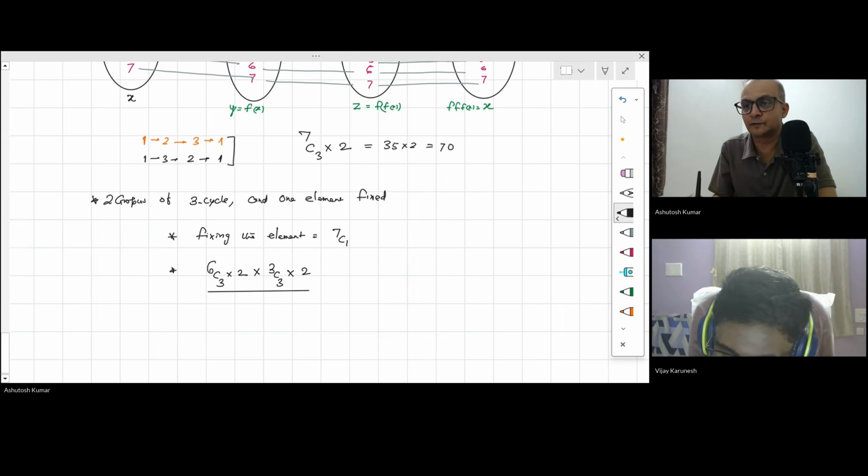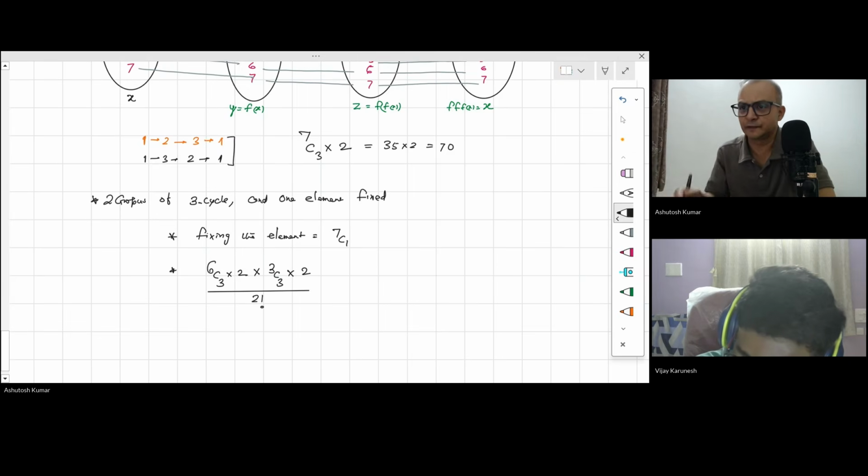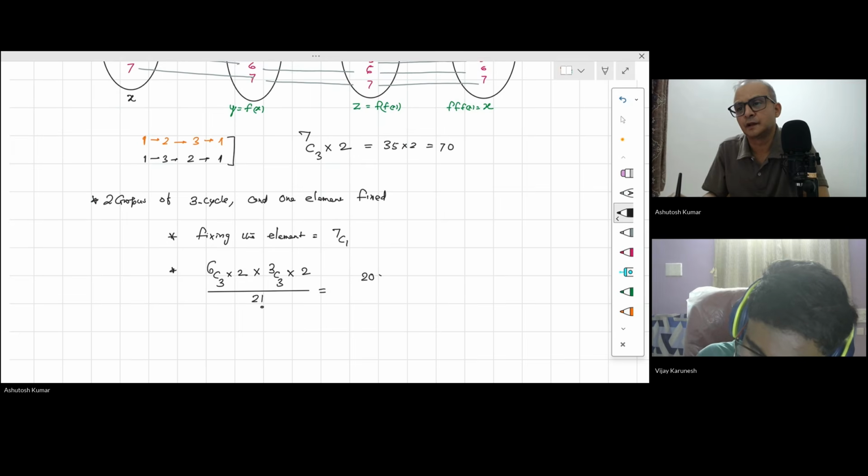I have not calculated the full answer. We'll see. I don't know what the answer is giving. I think 351 or something. But let's see. So calculate what will happen here. 7C3 is 20 into 3 into 2, because 1 2 will get cancelled.